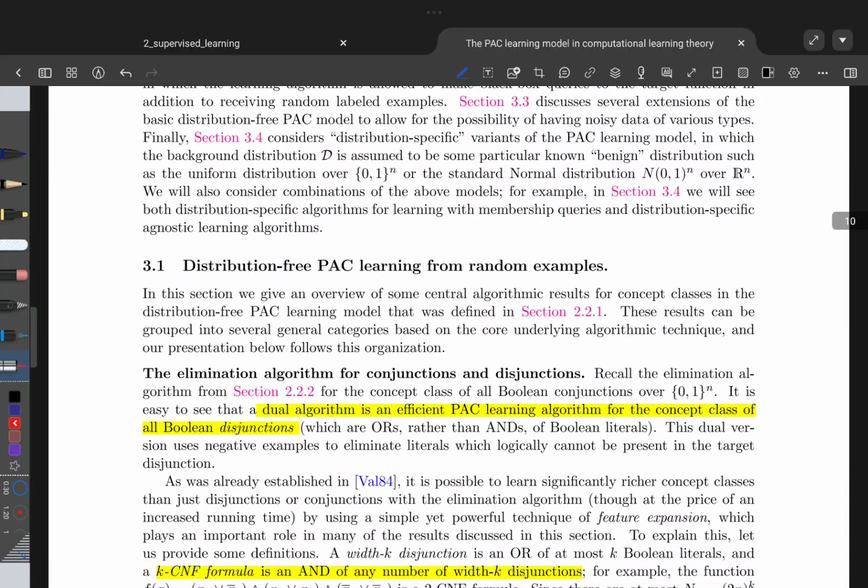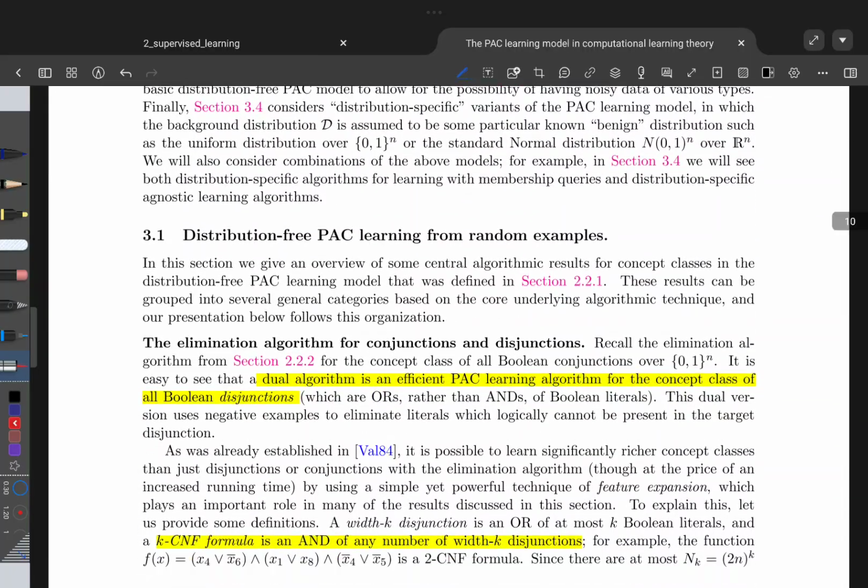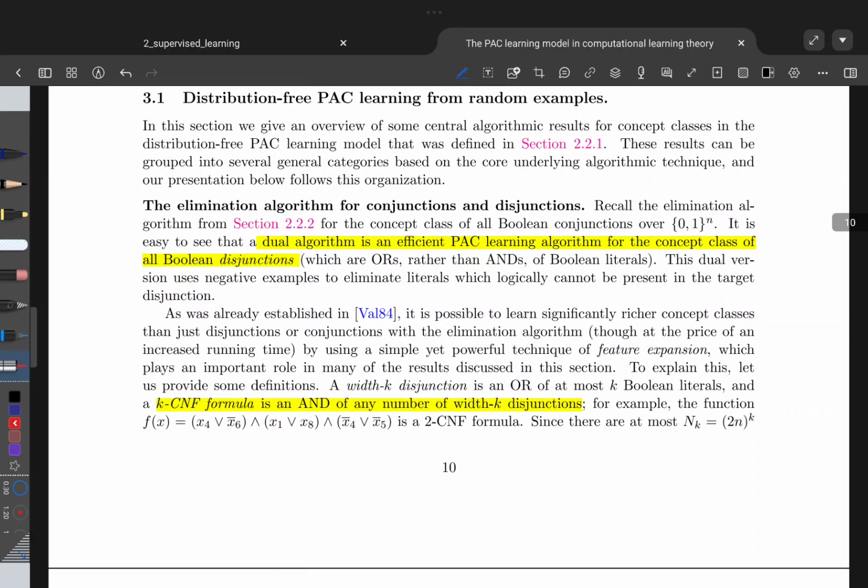But what about more general functions? If you want to generalize just one step further, going from just AND or just OR to more complicated Boolean functions, well, we know that any Boolean function can be written in disjunctive normal form or conjunctive normal form.